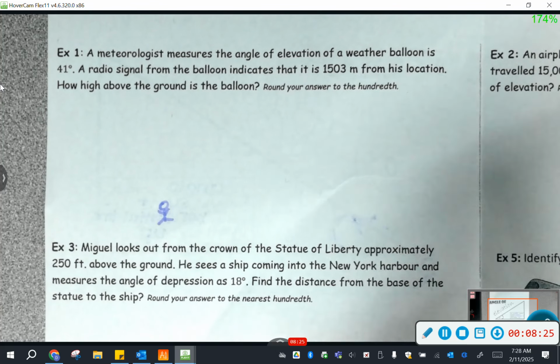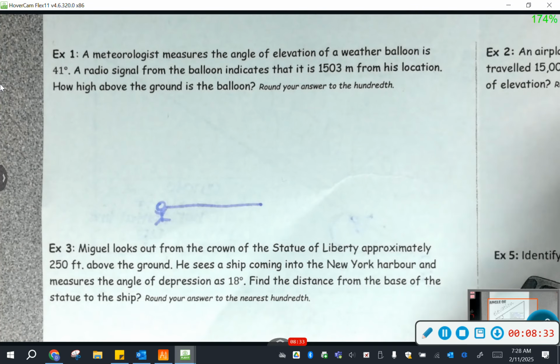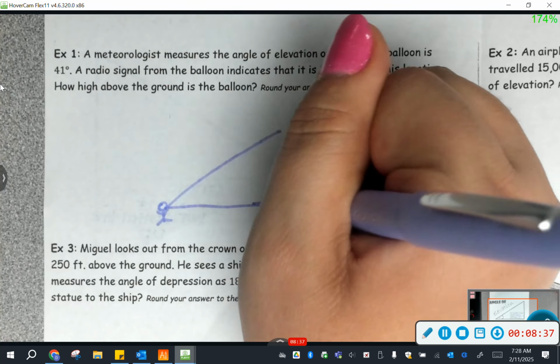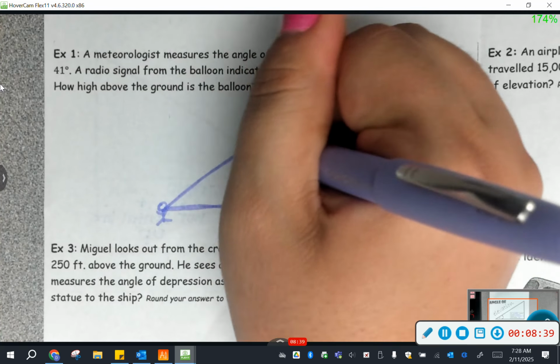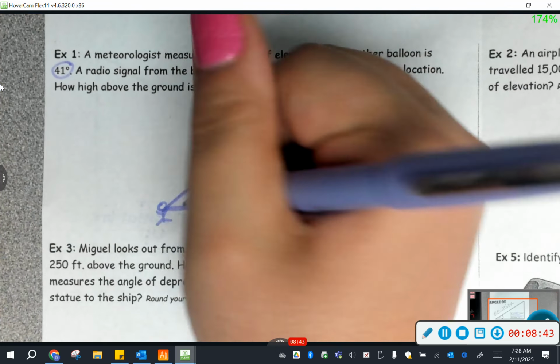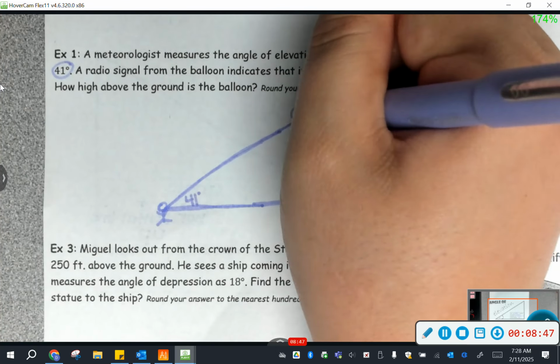What do you need for an angle of elevation? A horizontal line and then go up. And he measures that as what? 41 degrees. Here's my little weather balloon.